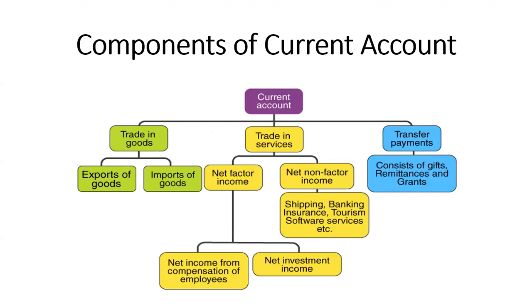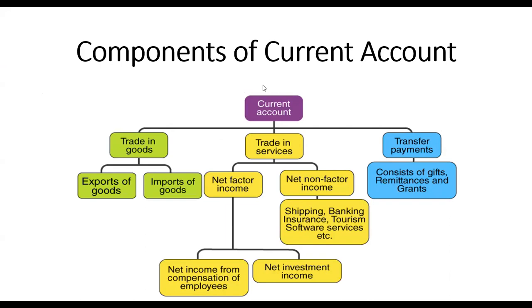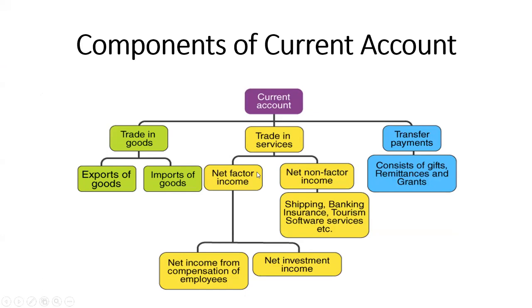Then components of the current account. Let's see this diagram. What are the components of the current account? Current account includes three things: trade in goods, trade in services, and transfer payments. In case of trade in goods, there will be export of goods and import of goods.